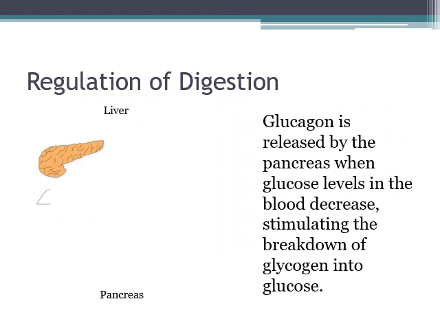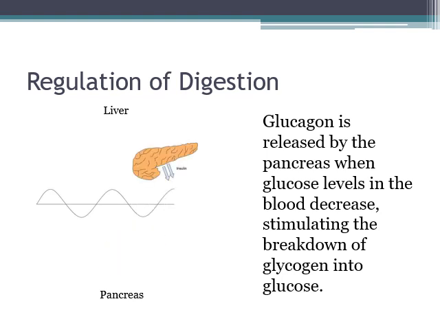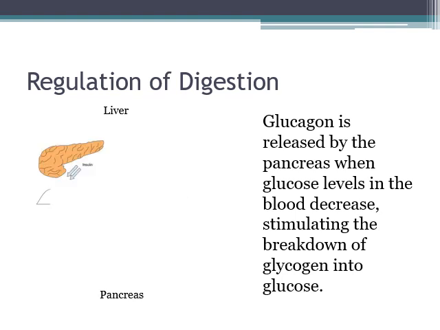So glucagon is released by the pancreas when glucose levels in the blood decrease. So here we've got glucose levels decreasing, and that stimulates the breakdown of glycogen into glucose. Breaking that down. So as your sugar level goes up, insulin is released. That breaks down the sugar into glucose. So with insulin, the glucose level begins to decrease. The insulin levels drop.